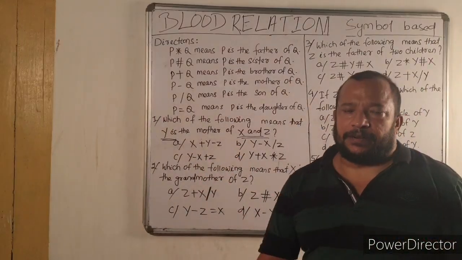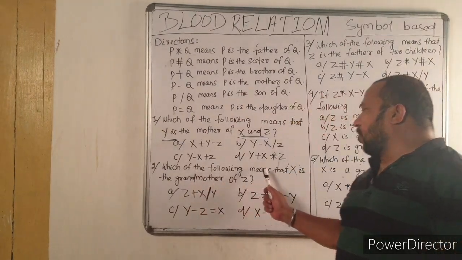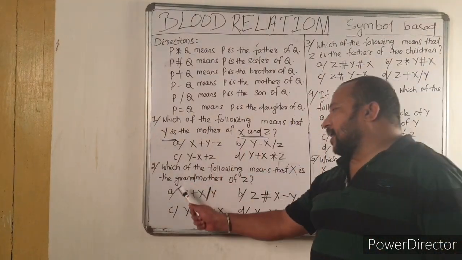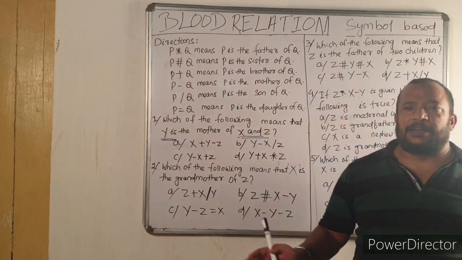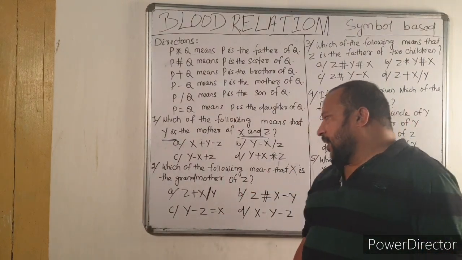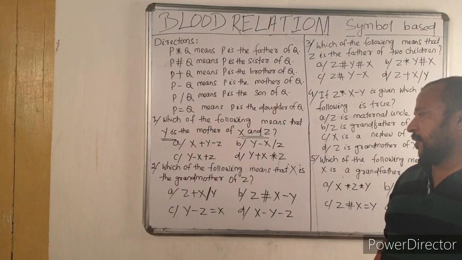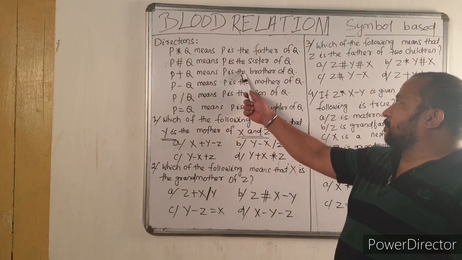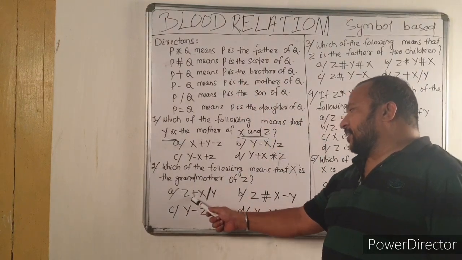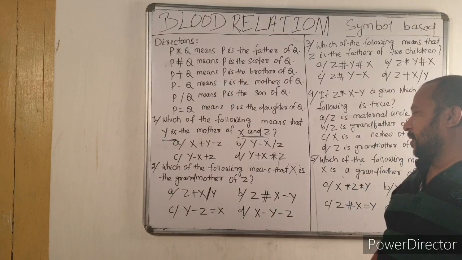Okay, now next question. Which of the following means X is the grandmother of Z? X is the grandmother of Z. Now let us check. Option A, Z plus X. Plus means brother. So this cannot be the answer.